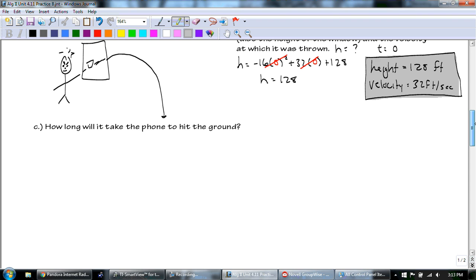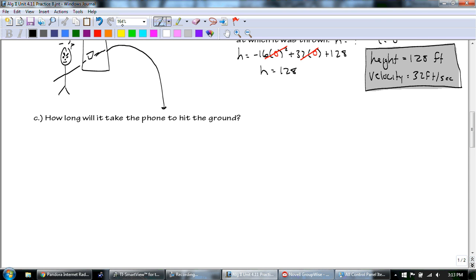How long will it take for that phone to hit the ground? Well, once again, I do know the height now because my height is 0. And t, that's what we're trying to find. What is the time? So we said 0 equal to negative 16t squared plus 32t plus 128.